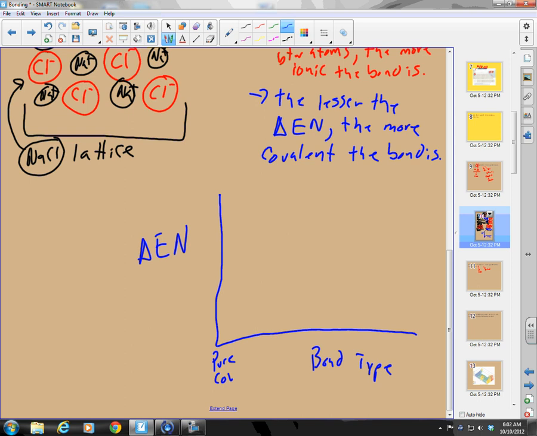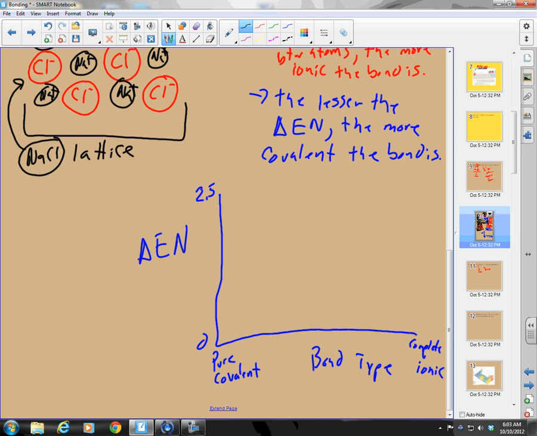And this is ionic, complete ionic. We'll say 0 going up to, I don't know, 2.5, maybe 3. What we have to understand is there's a continuum. It's not like things are ionic or covalent. They have a covalent nature, an ionic nature, percent covalent, percent ionic.